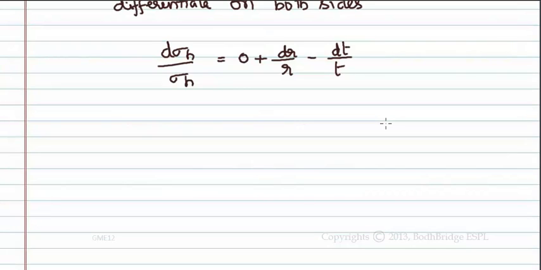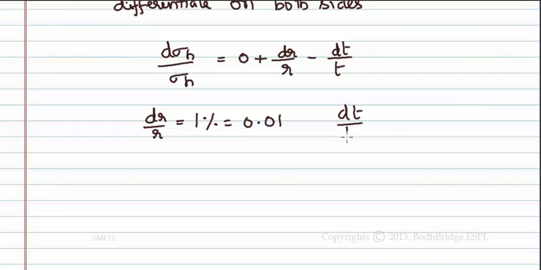In the problem, it is given the radius of the shell is increased by 1% and the thickness is reduced by 1%. So dr by r is equal to 1%, which is equal to 0.01, and dt by t is equal to minus 1%, which is equal to minus 0.01.